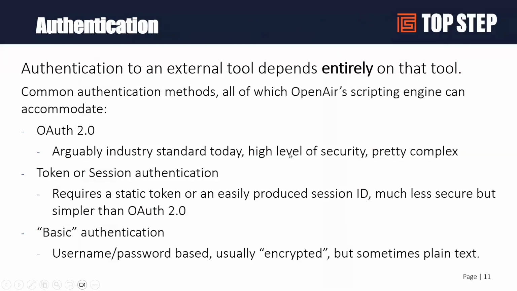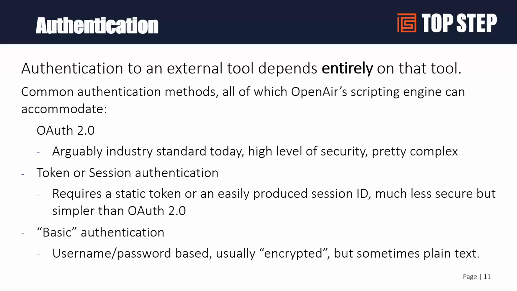The only thing that gets a little tricky is this. Authentication to any external tool depends entirely on that tool. So there is not one authentication model that works from OpenAir scripting to any tool out there. It's completely dependent on the tool that you're integrating with. The three most common methods that we've seen are listed here.